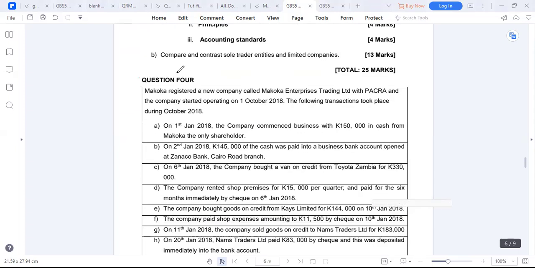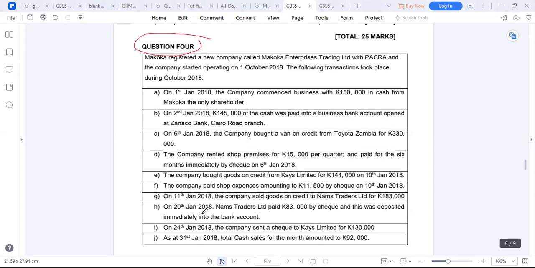So maybe let's go to question number 4 on the ledger accounts. Okay, the ledger accounts. Are we ready?